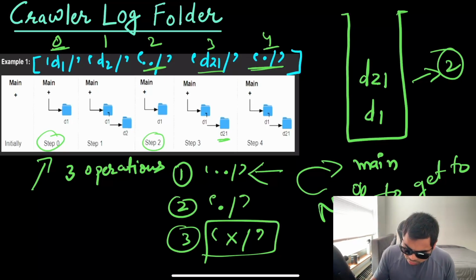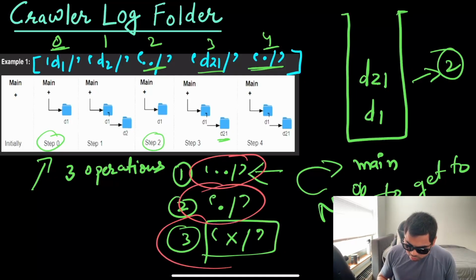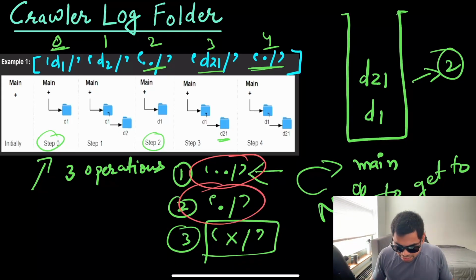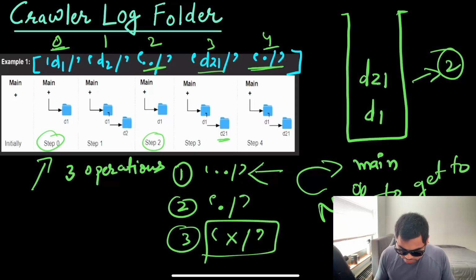So the operations that are available right now are these 3: going back to the parent folder, staying in the folder, or going to another folder from the current folder. To come back, I need this particular operation.